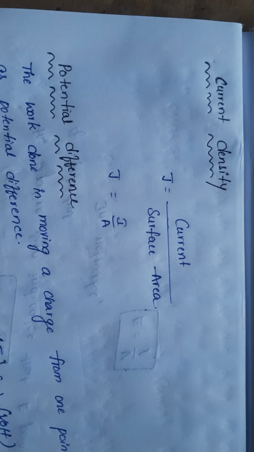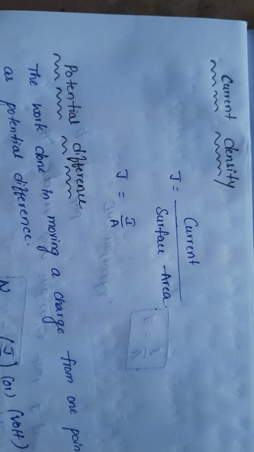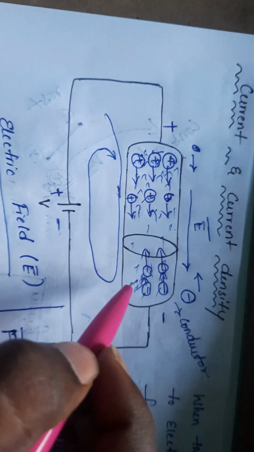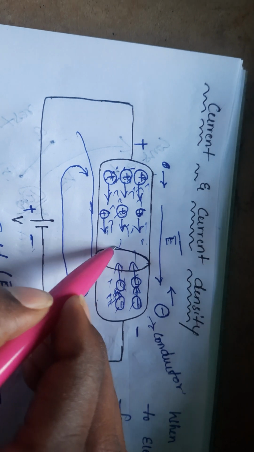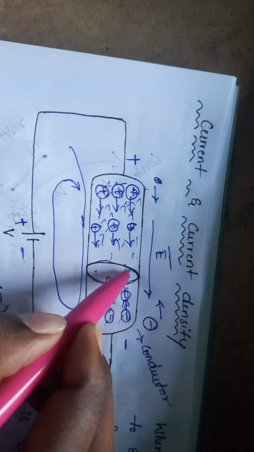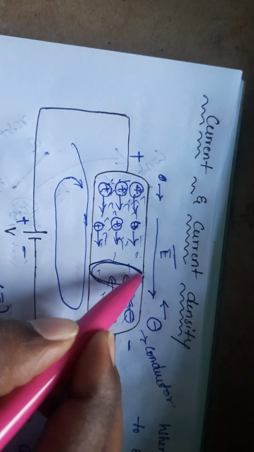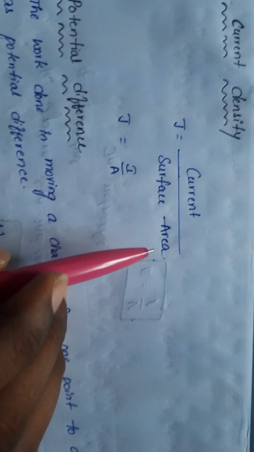Next, current density. What is the current density? Current density is denoted by J, equal to current by surface area. What is the surface? This is the conductor and this is the surface. Surface area.